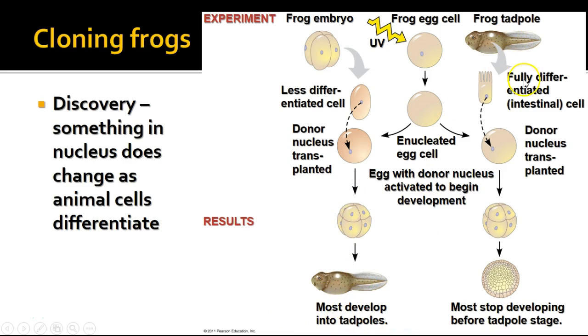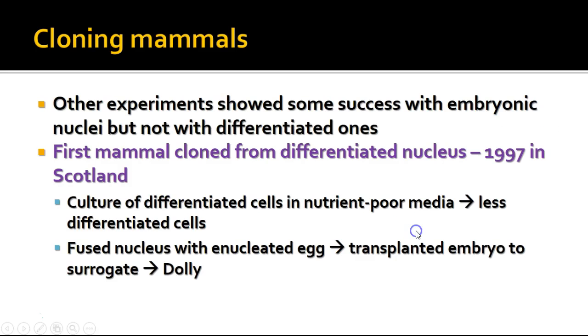But if they took a fully differentiated cell, for instance, most of the time the embryo would start forming, but it would stop developing before the tadpole stage. And so they were less successful with more differentiated cells. Other things showed that there was some more success with embryonic nuclei, but not with fully differentiated ones. And so there was a lot of work that had to be done on this.